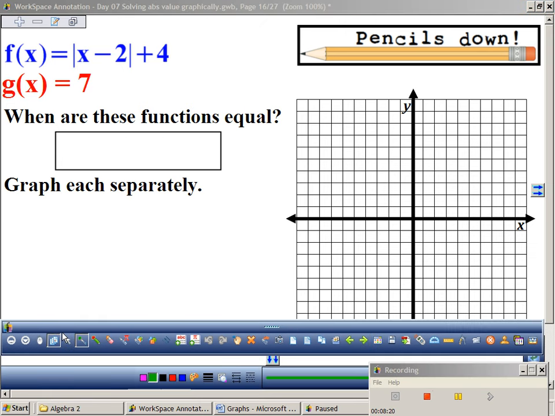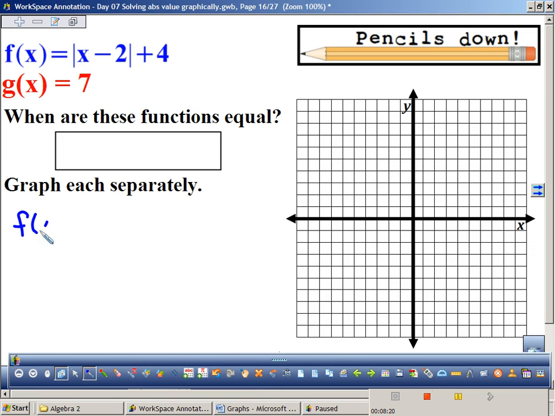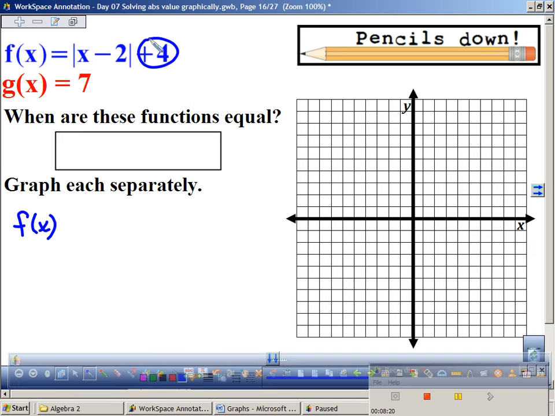So I'm going to graph these two functions, absolute value of x minus 2 plus 4. So I'm going to change it over to transformational form. So f of x, I need to move my constant to the other side. So instead of being positive 4, it's going to be negative 4, absolute value of x minus 2.